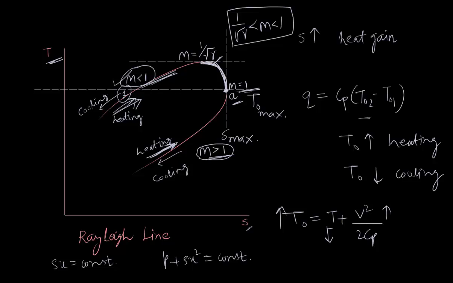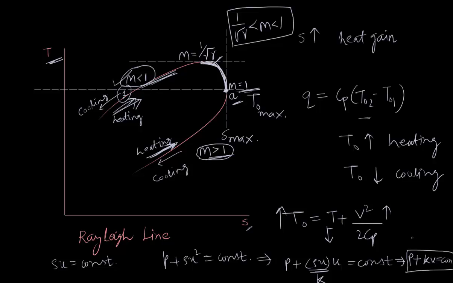Now we can write the momentum equation as P plus rho u into u equals constant, and from the continuity equation rho into u is constant, we can write it as K. So our momentum equation will become P plus K times u equals constant.